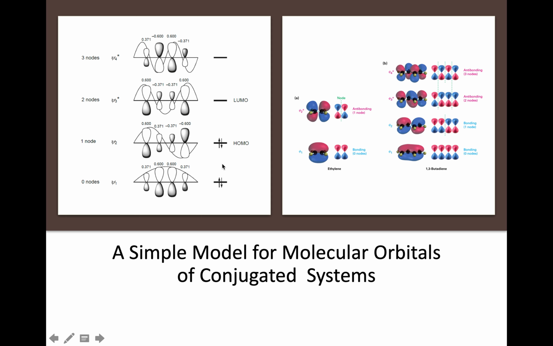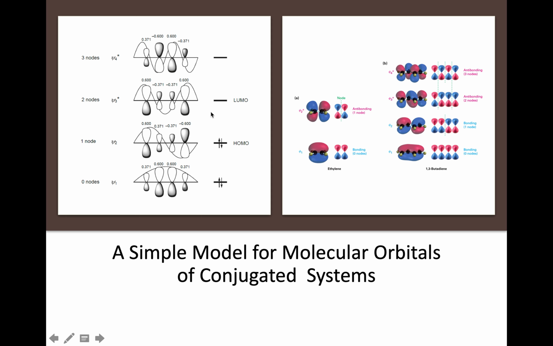So we're going to have 2 fully occupied pi orbitals. And we're going to call this psi 2 the HOMO, the highest occupied molecular orbital, and then psi 3, the first antibonding orbital, we'll call that the LUMO, the lowest unoccupied molecular orbital.